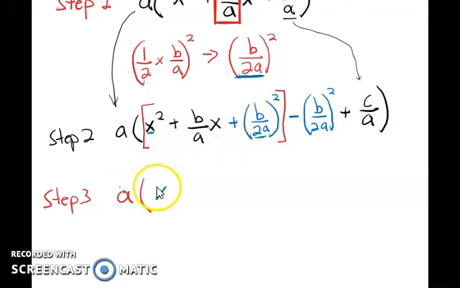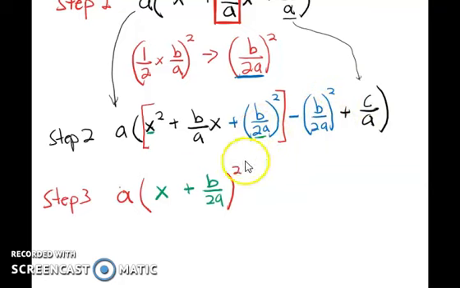Then we put x plus b over 2a. If you have a negative sign, just keep it as a negative sign and replace it over here. Then we close the bracket and put a square over here. This is how we factorize these terms.